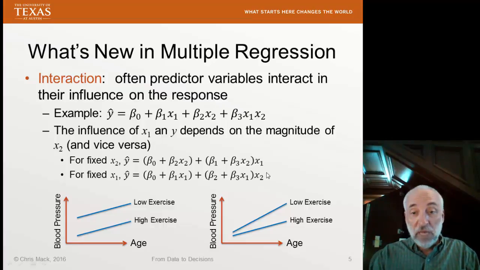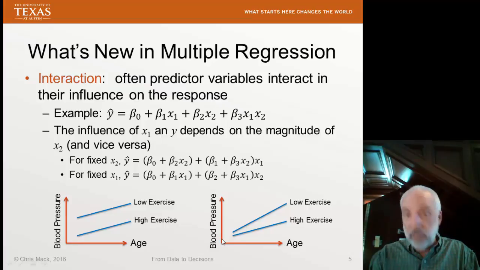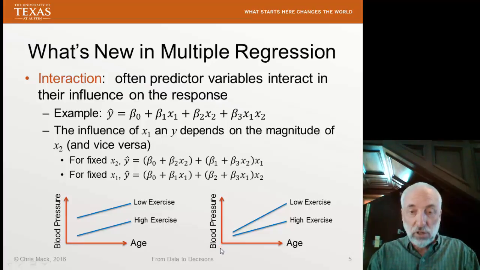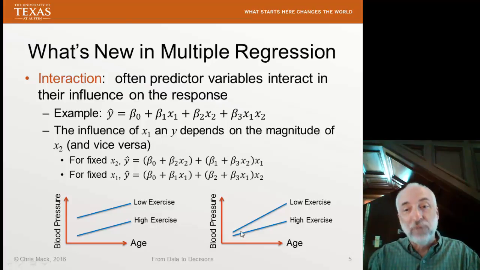So what could that mean? Well, one possibility is that the intercept here is independent of the amount of exercise at whatever age I use to start. Maybe it's, as an adult, at age 18. The intercept is not a function of the amount of exercise. In this case, that would mean beta 2 was 0. So the intercept didn't change, but the slope does change.